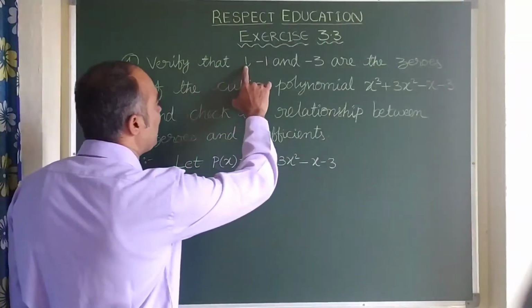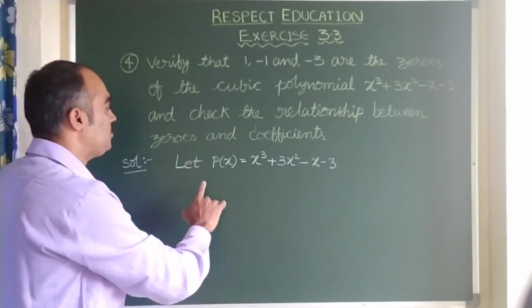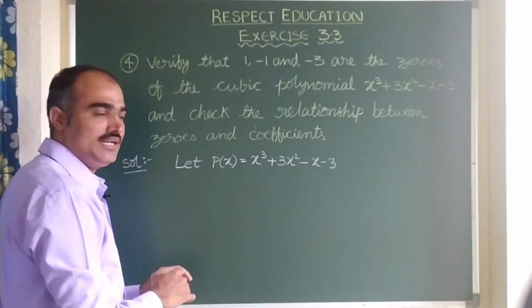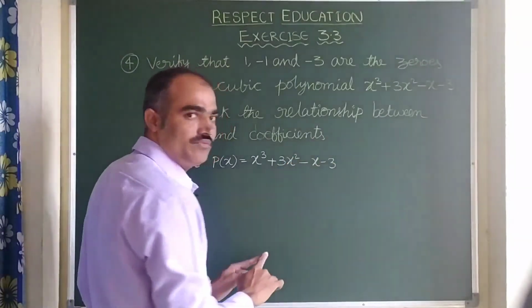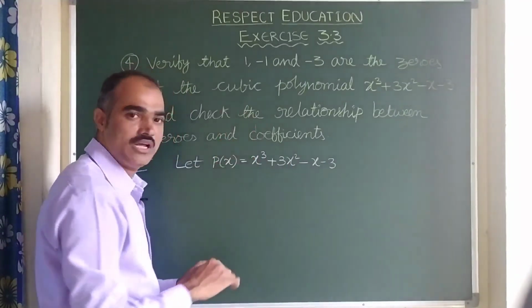To verify whether 1 is a zero of the given polynomial, we need to substitute 1 in place of x. If we get the answer 0, that means p of 1 is 0, then 1 is a zero of this polynomial.